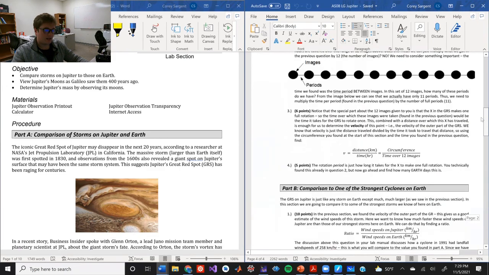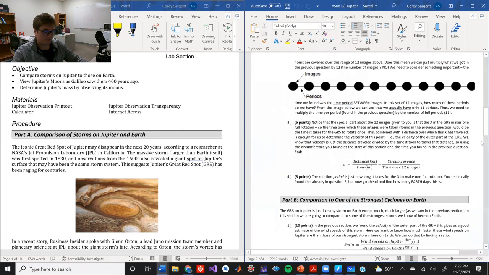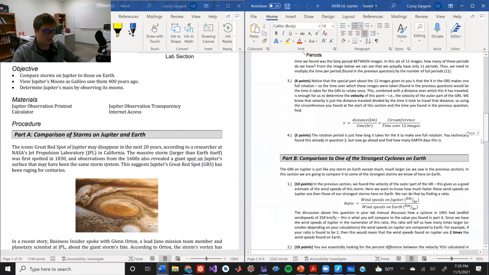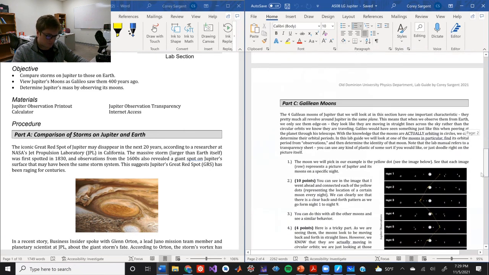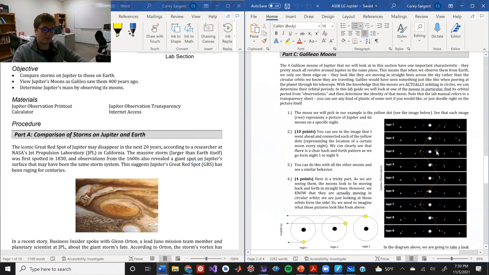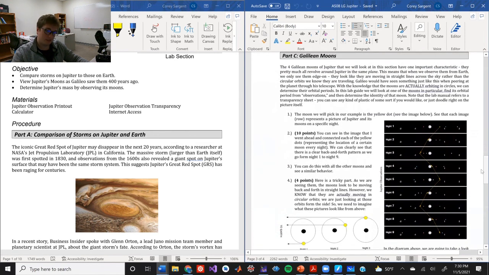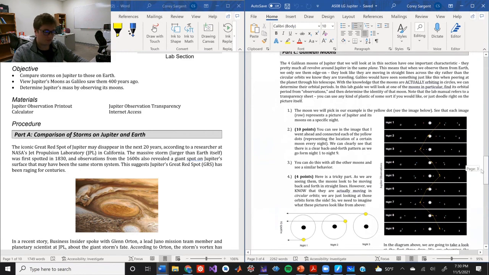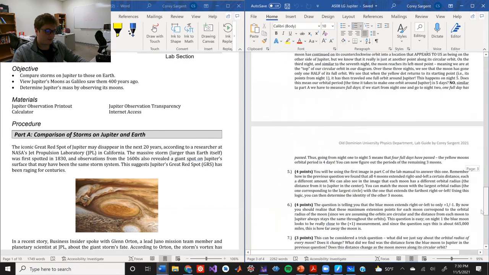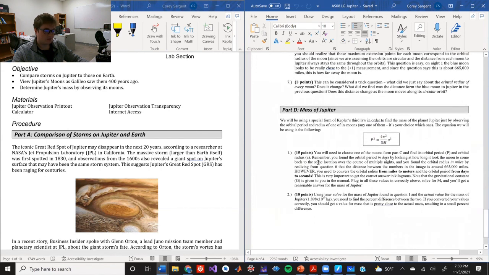In this lab guide, I pretty much talk about the same exact stuff, but just written down. I do go over part C, in case that could be a little rough. I do the yellow moon, and then I talk a little bit more about part D. Okay? So hopefully this helped, and I will see you all next lab.